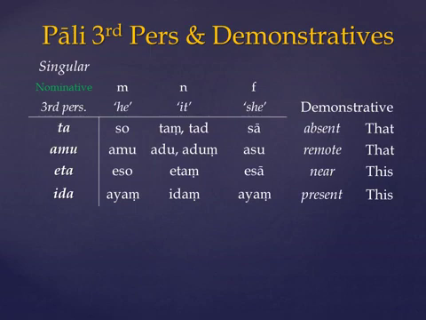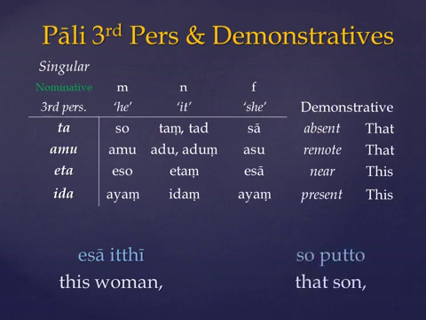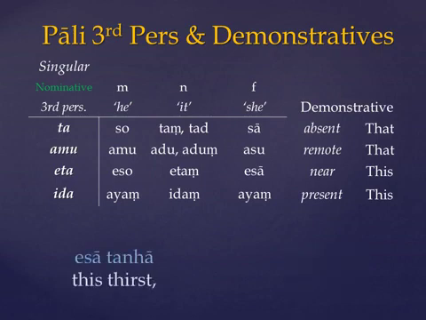Here are some examples. Esā itthī, this woman. So putto, that son. Esā taṇhā, this thirst. Notice that esā is feminine because taṇhā is feminine.